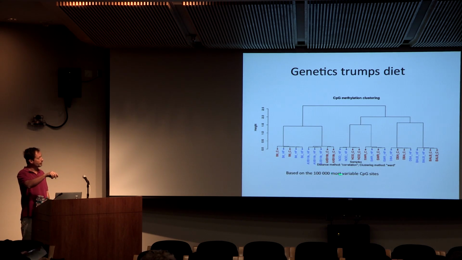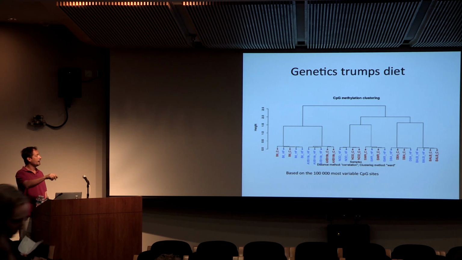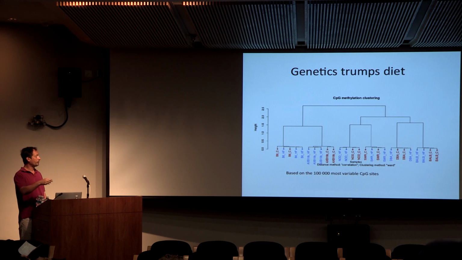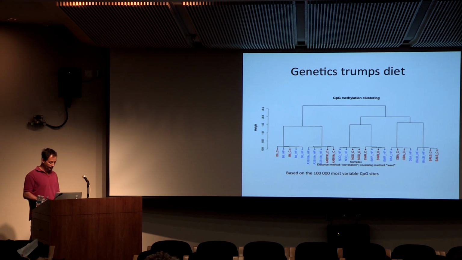And if we do a simple clustering, we find that the clusters correspond to the different genetic backgrounds. So again, a lot of the differences in DNA methylation between strains are going to be driven by the differences in their underlying genetic background. But you can see that within certain strains, there's also clustering by diet. And so there's clearly going to be some epigenetic response to the different diets across these different mice. Although, again, the signal is going to be smaller than the genetic effect.